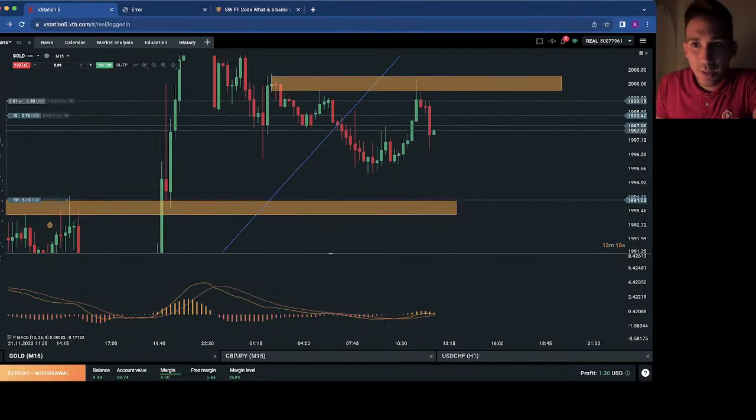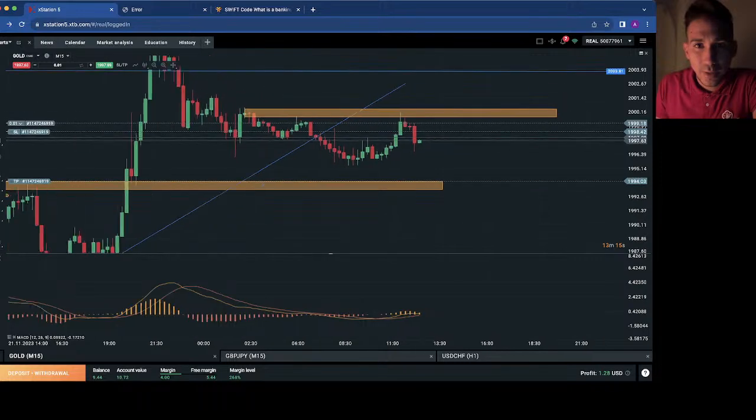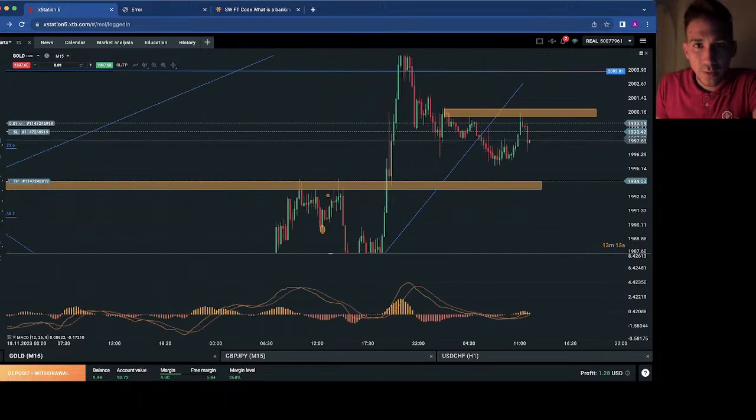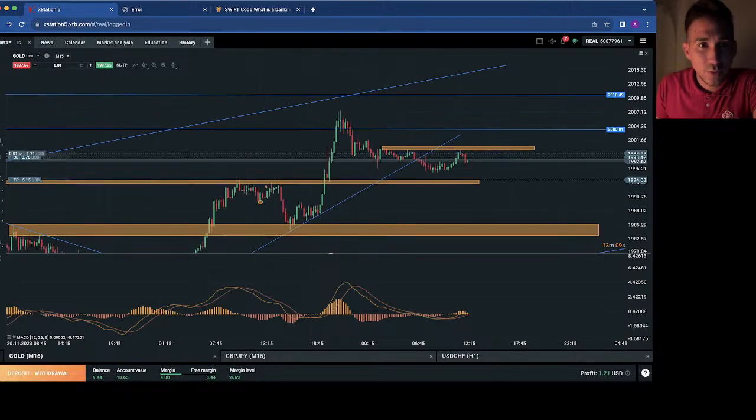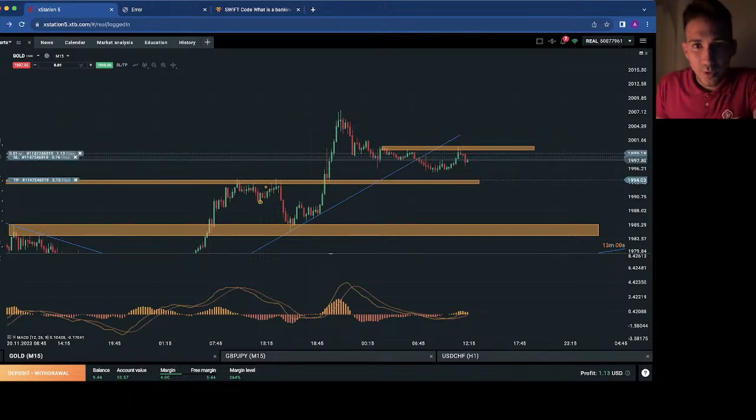So if you align these two areas, you'll see that, let me make this shorter. So here's my trend line.